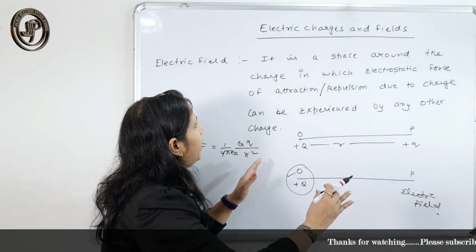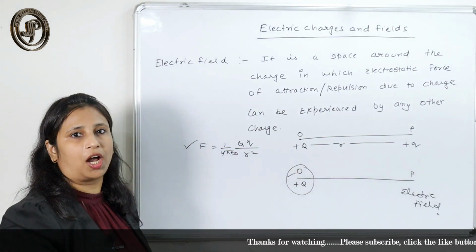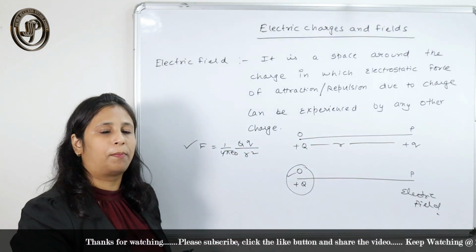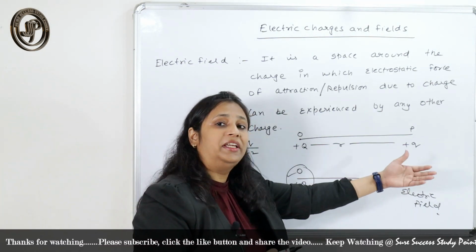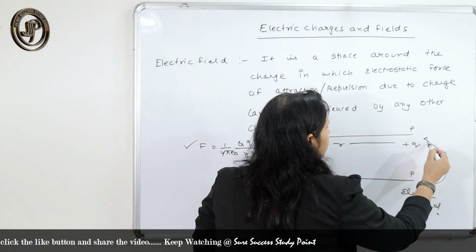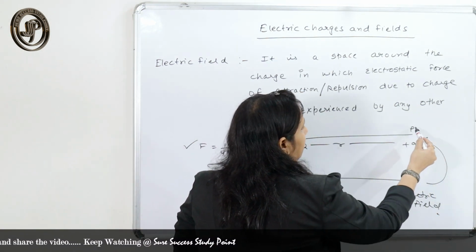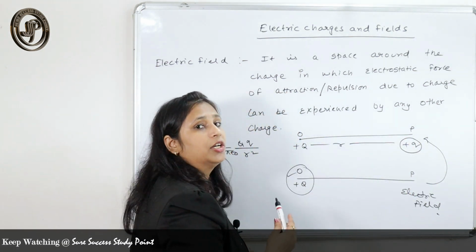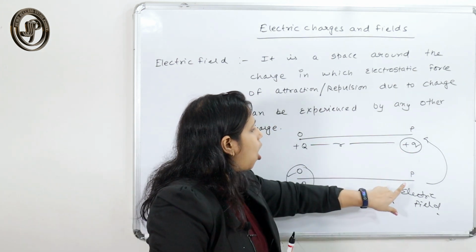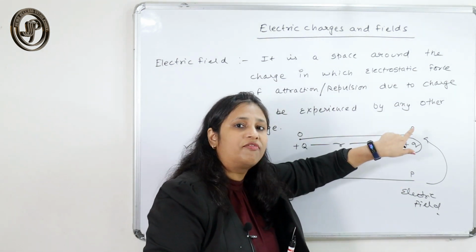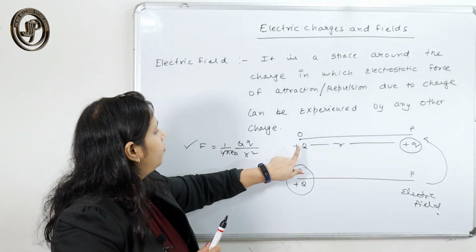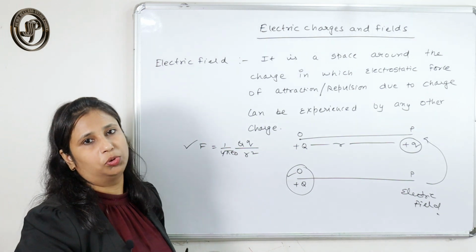That is the space around the charge in which the electrostatic force of attraction or repulsion can be experienced by another charge. So if we go in reverse, we can say this small plus q charge will experience a force because of the presence of electric field at point P, and that electric field is produced by the plus Q charge.